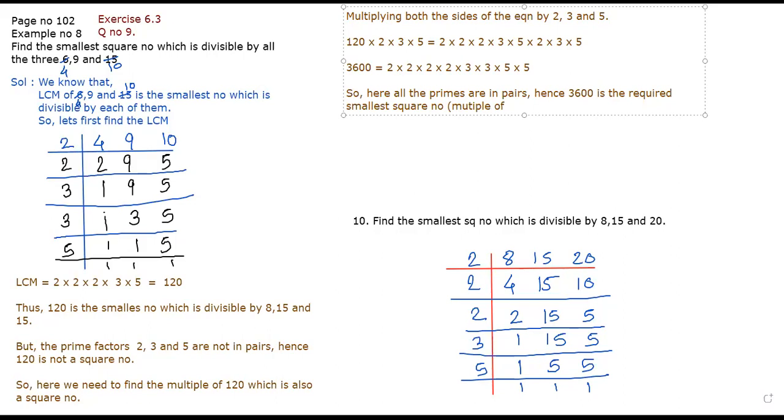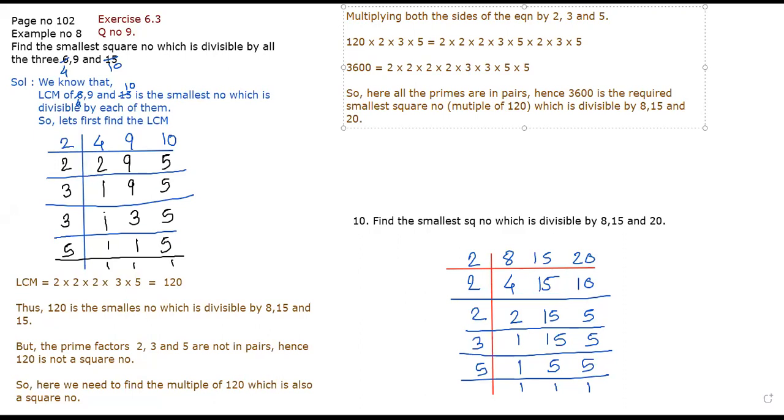Because 120 was divisible by all, its multiples will also be divisible by all, which is divisible by 8, 15 and 20.